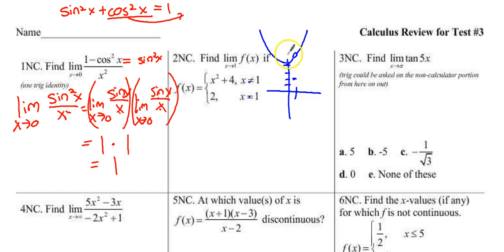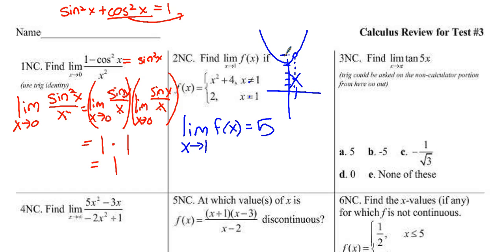Well, the limit would be right where that y value is. We don't care about this point down here. That does not affect the limit. That's just the y value. The limit as x approaches 1 of our function is 1 plus 4, which is 5. It's right where that y value is. At 1, we're up at 5.